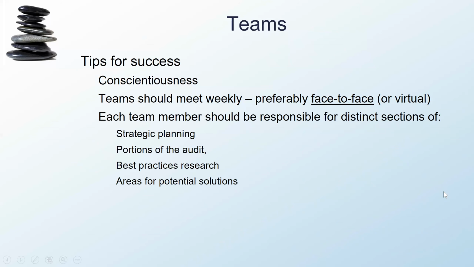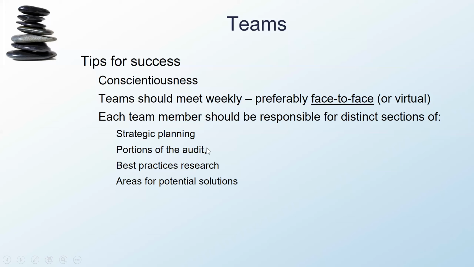Each team member should be responsible for distinct sections of the strategic planning chapters. Your own audit, so if, say for instance, you have 2 people on your team, then one of you should do energy and the other one waste, or water, or one of you can do paper waste and the other can do kitchen waste or break room waste, things like that.